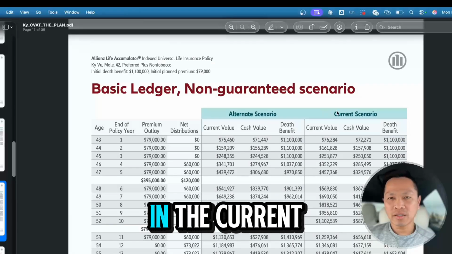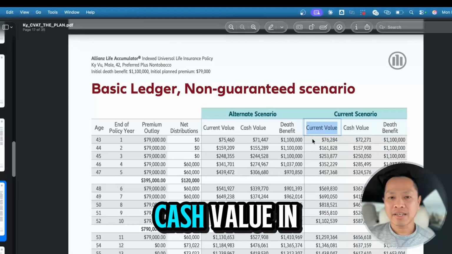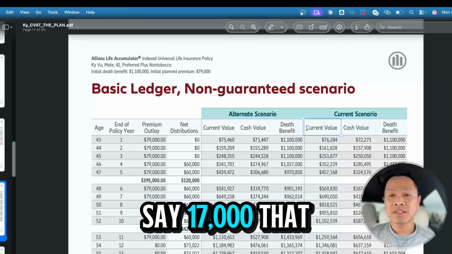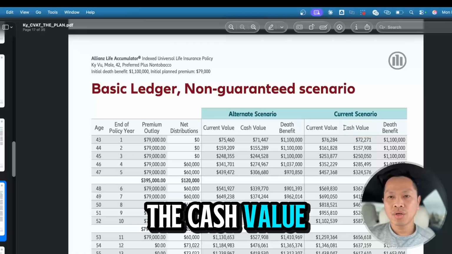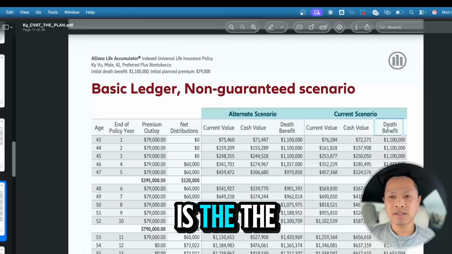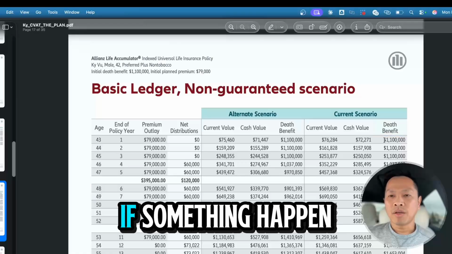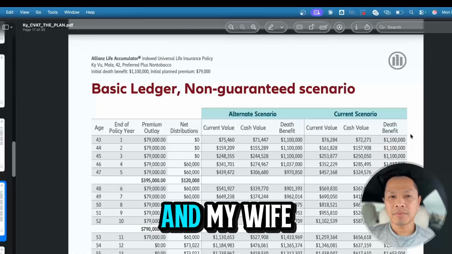We are interested in the current scenario. So the current cash value in my policy is 17,000 that I have right now, and the cash value is what I can borrow against. That's what I have access to. And then this is the death benefit. If something happened to me, if I pass away, then that's what my kids and my wife are going to get.